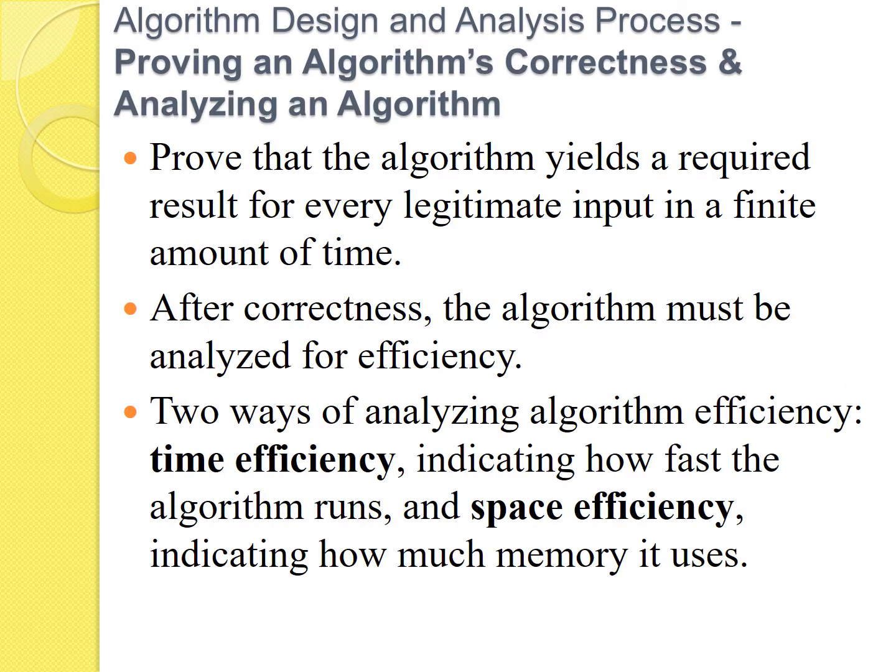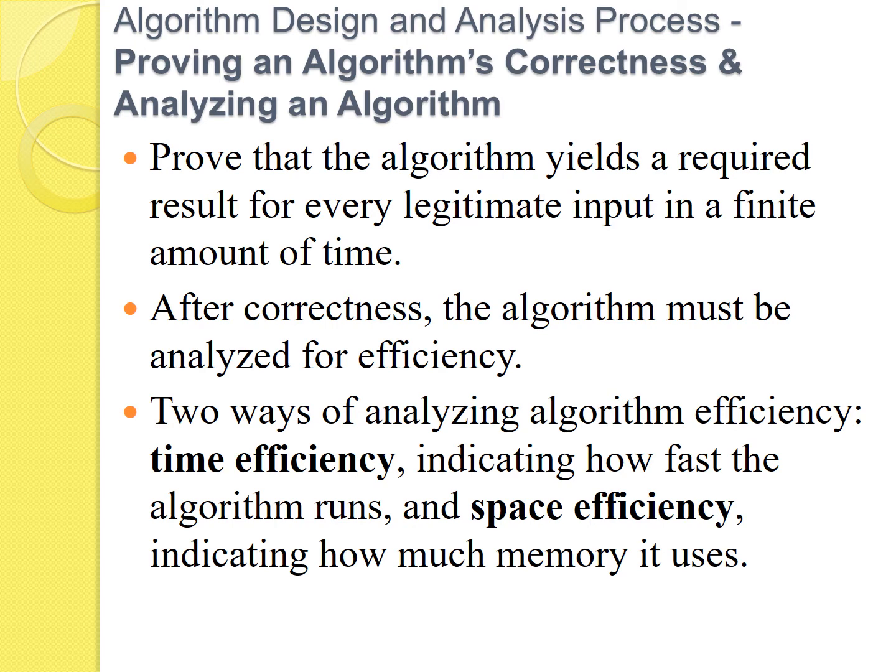After the algorithm is formulated, it is essential to prove the algorithm's correctness and analyze the algorithm. Prove that the algorithm yields a required result for every legitimate input in a finite amount of time. After correctness, the algorithm must be analyzed for efficiency.